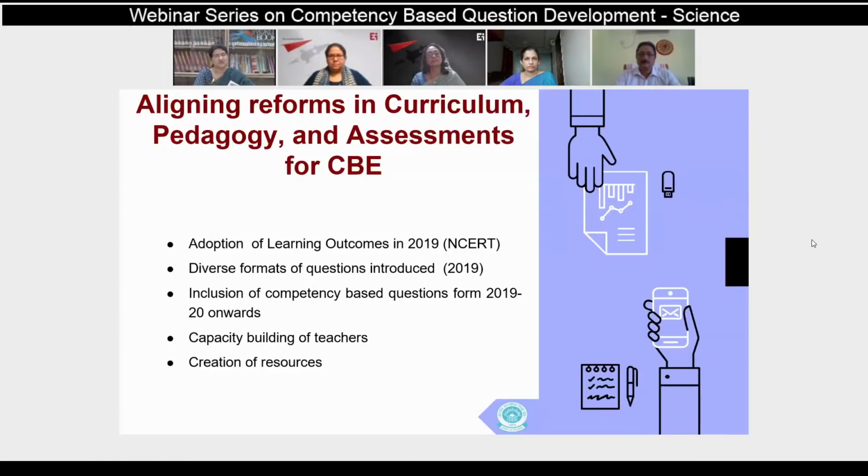Diverse formats of questions were introduced in 2019. In the board examination of March 2020, case-based questions, assertion-reasoning questions, and a few multiple choice questions were introduced. Besides that, slowly we have been including more competency-based questions from the academic session 2019-2020 onwards.